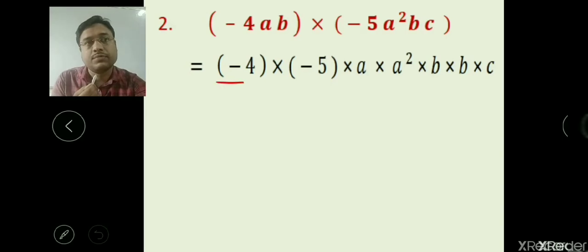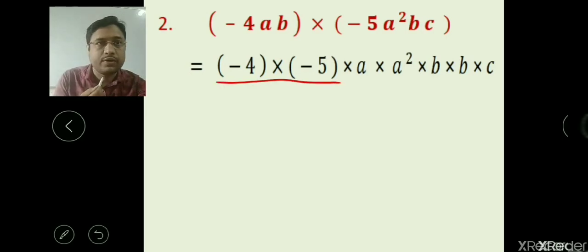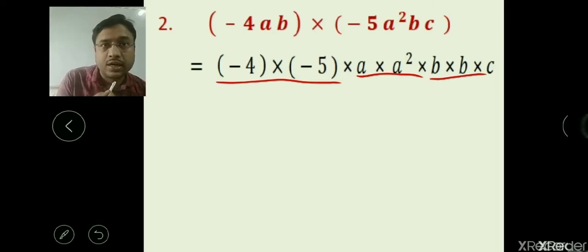This gives 20, because minus into minus are like signs, so the result will be positive. Now a into a square, and b into b, and then c is remaining alone.